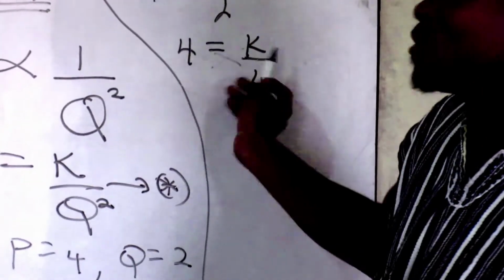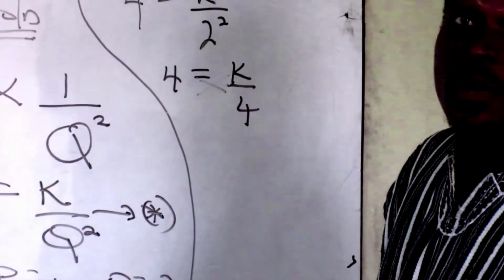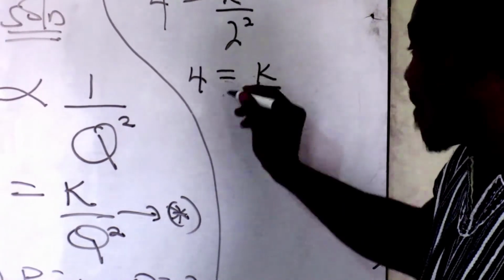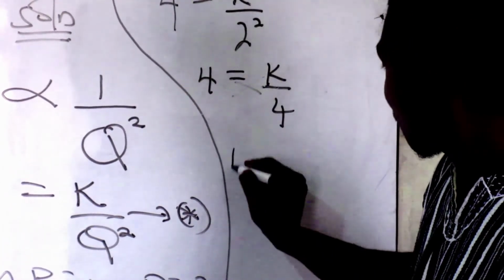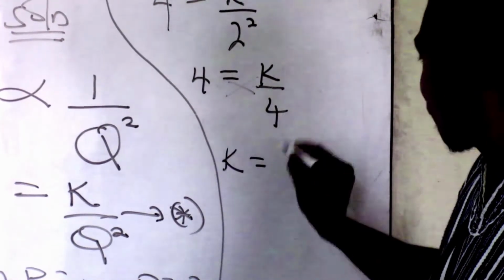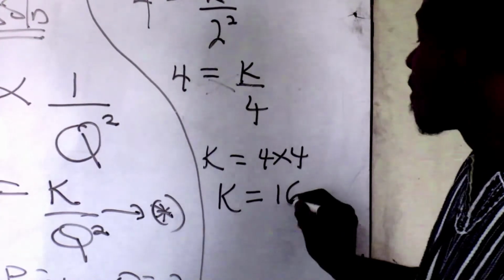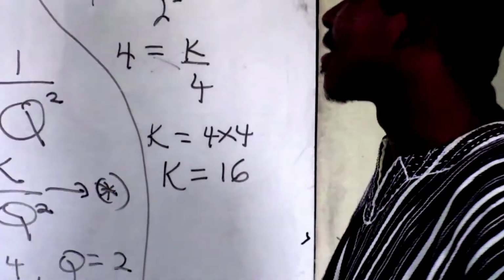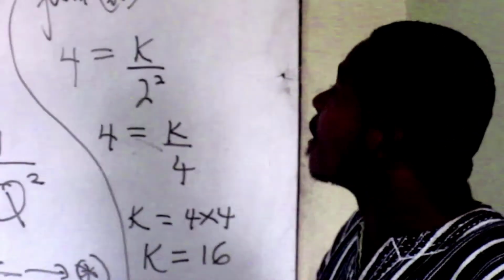When you have an equal sign between fractions, you can cross multiply. We don't do LCM here. We do LCM when you have plus or minus. So the k comes this way and the 4 goes with the 4. That is what we call cross multiplication. So k is what? 16. Good. So we can go on to the next part.